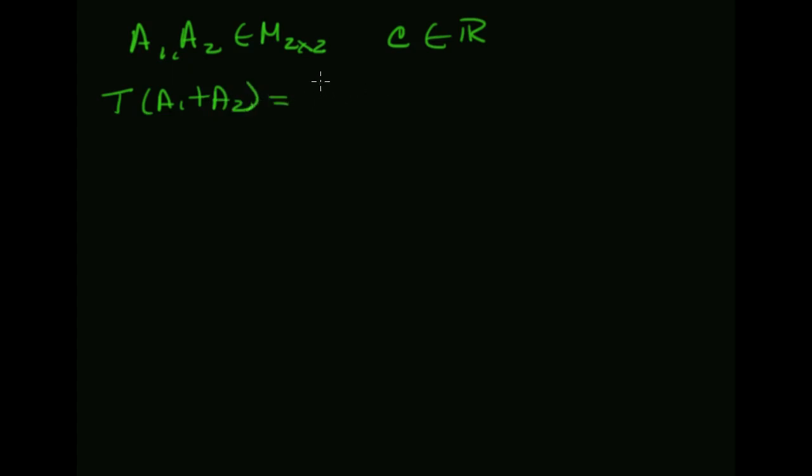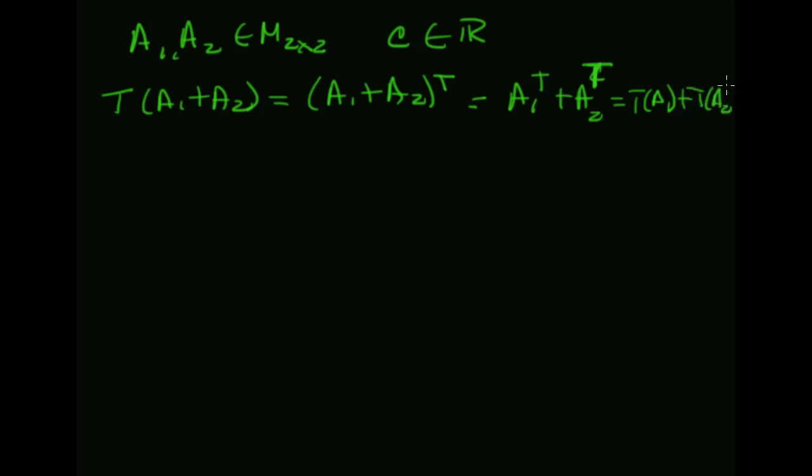And we're going to look at problem 8. I'm going to play the same game I did in 7. I'm going to let A1 and A2 be matrices that are 2 by 2, and C be a scalar. So T of A1 plus A2 is A1 plus A2 transpose, which is A1 transpose plus A2 transpose, which is T of A1 plus T of A2.